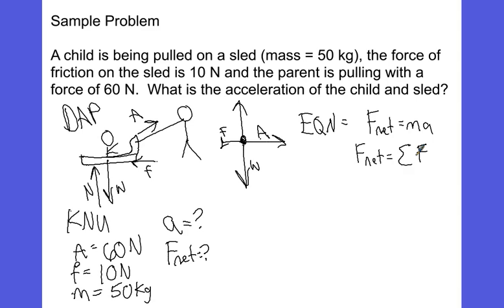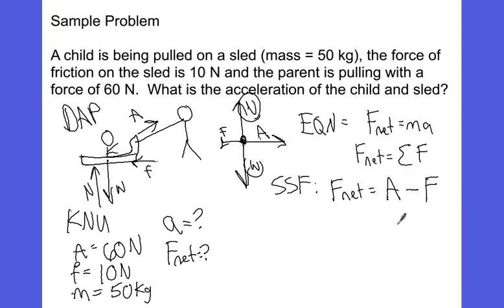So, let's solve this. First I'm going to look at F net. Now, weight and normal, because the child's not accelerating up or down, those balance each other out, so those sum to 0, so I'm not going to include those. So F net then equals my applied force minus friction, because those are in opposite directions.